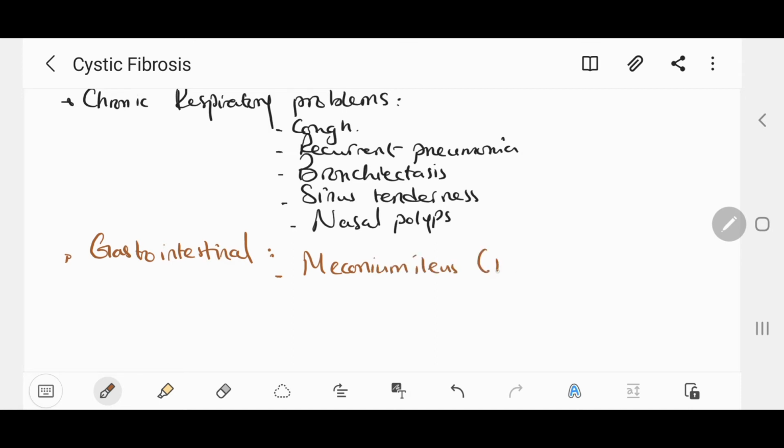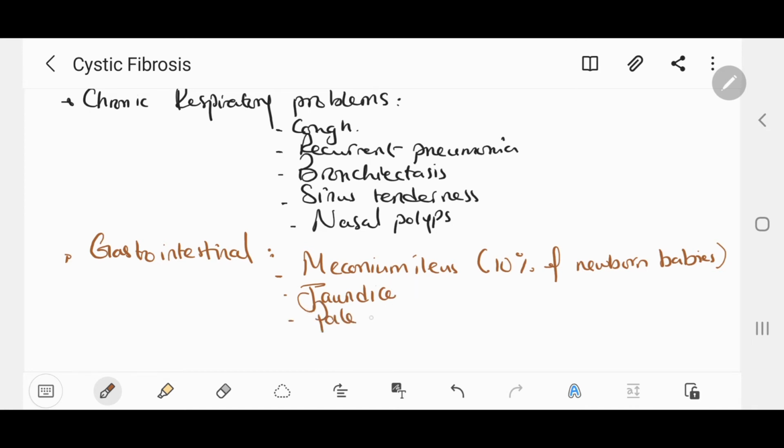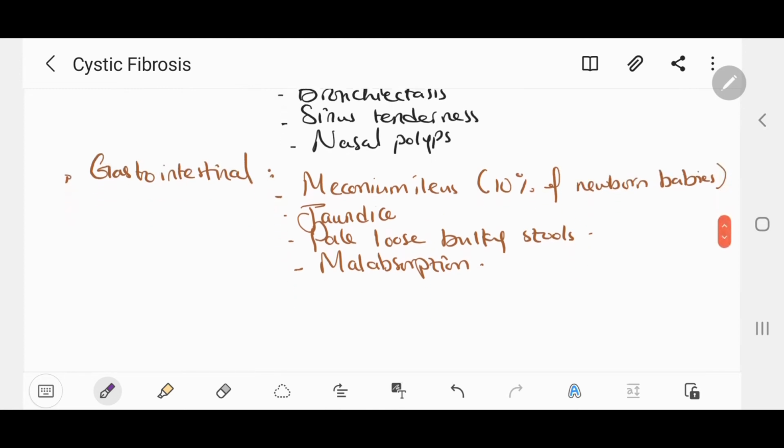And because of the pancreatic insufficiency, that is due to the blockage of pancreatic ducts with mucus, they'd be having jaundice, pale, bulky, loose stools, and malabsorption. They'd also be having infertility in males because of the atrophy of vas deferens.